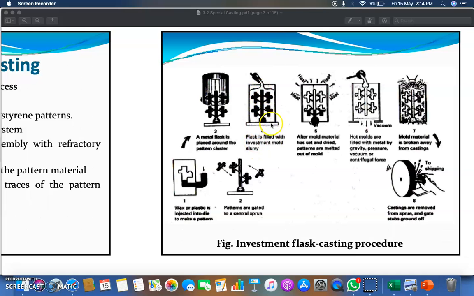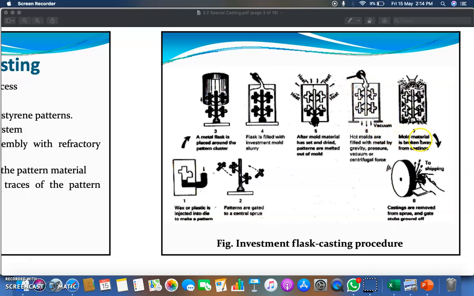Next, after the mold material has set and dried, the patterns are melted out of the mold, means you heat from all sides of the flask so that the pattern material is removed. Now the hot molds are filled with metal by gravity, pressure, vacuum or centrifugal force. After filling the mold, you have to let it settle.